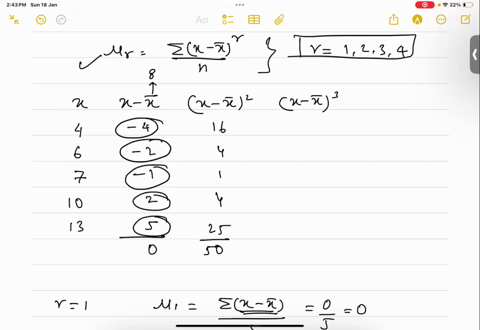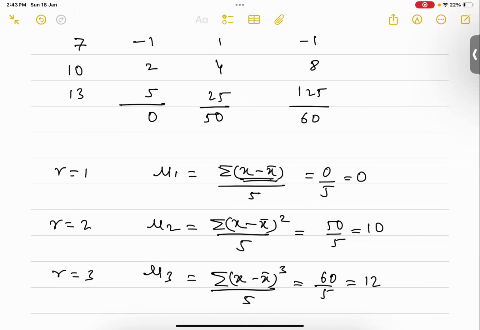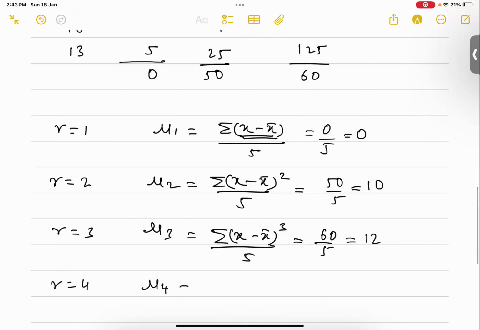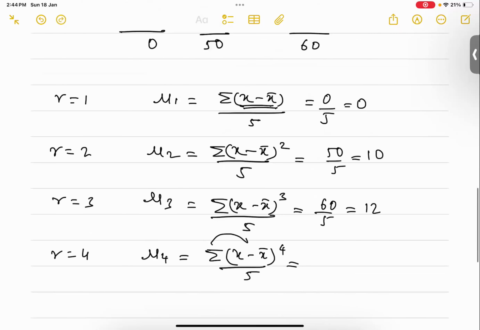So that is 256, 16, 1, 16, 625. The total is 914, upon 5, which is 182.8. So these are the first four central moments.